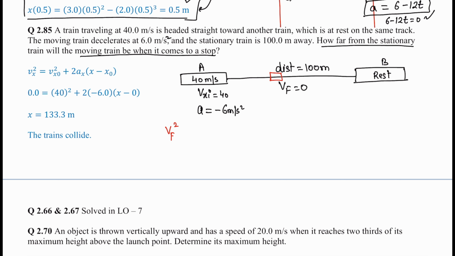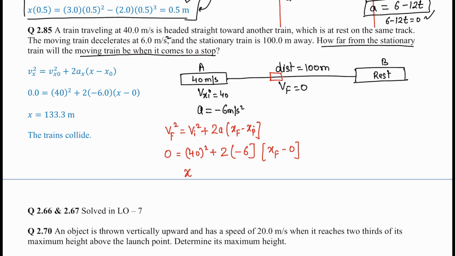Vf square is equal to Vi square plus 2a times x final minus x initial. Yes or no? Okay, so v final is 0, v initial is 40, plus 2, acceleration is negative, so negative 6. X final we need to find out, initial is 0, because the state from where we consider is 0. Okay, solve this.